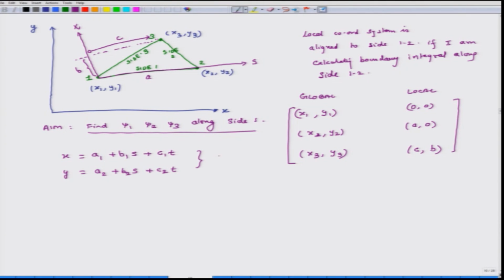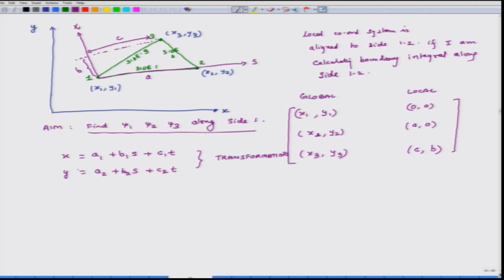So this is the transformation. These equations transform a local coordinate into global coordinate and vice versa. Okay. But we do not know the values of a1, b1, c1, a2, b2, c2. So now we have to figure out their values. Okay. So we have 3 points. Using these 3 points we calculate these a1, b1, c1, a2, b2, c2.